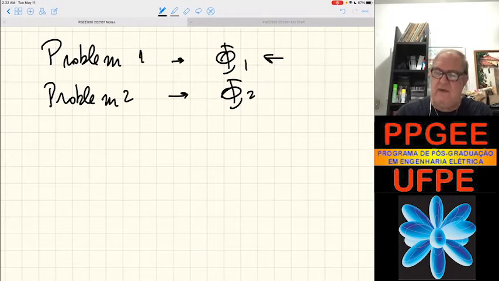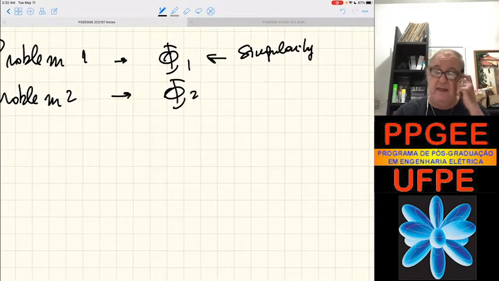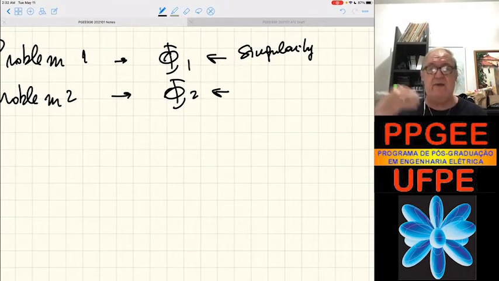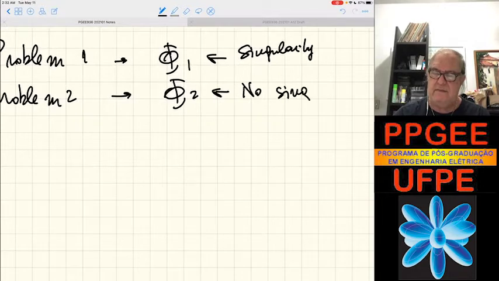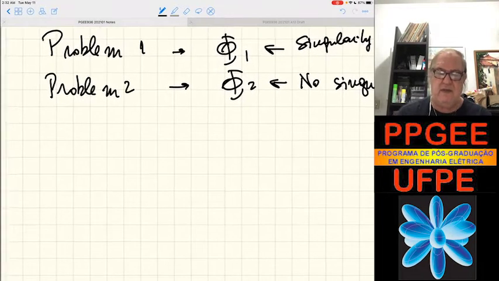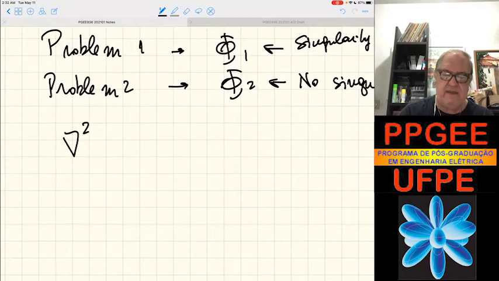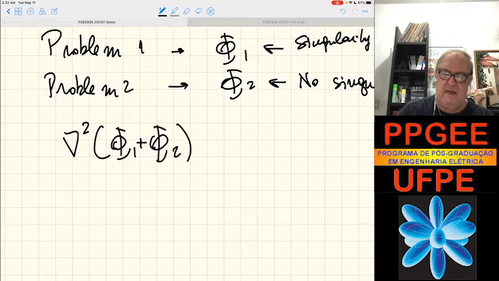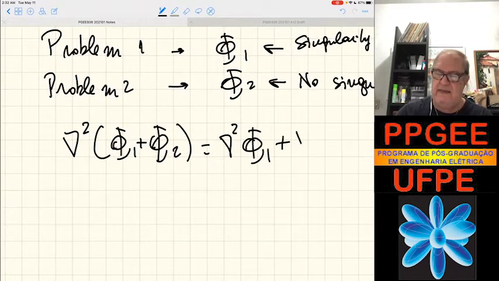Phi 1 has a singularity due to a point charge, right? This one doesn't have one outside. I'm talking about outside, no singularity. So what is the Laplacian of phi 1 plus phi 2? Equals the Laplacian of phi 1 plus the Laplacian of phi 2.